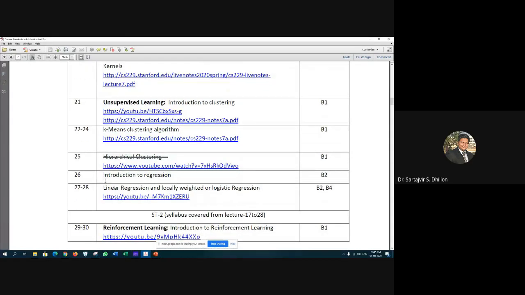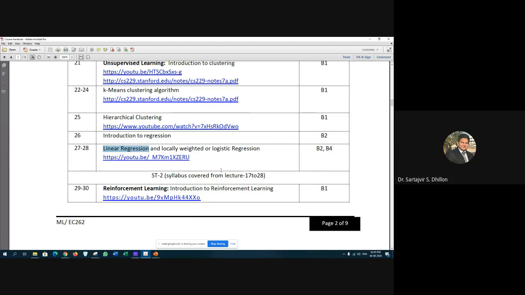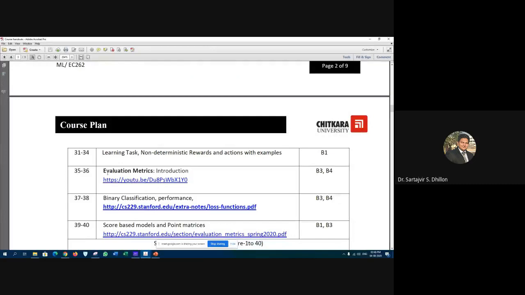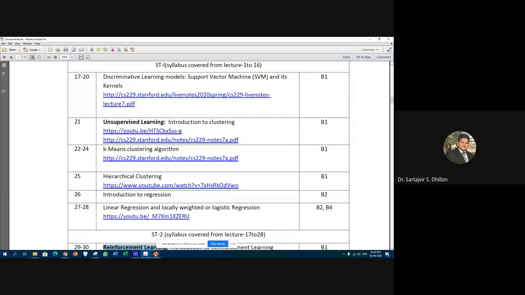This week we will cover regression, which is a part of supervised learning, and there are two categories in the syllabus: the first is linear regression, and the second is locally weighted regression or logistic regression. Next week we will do reinforcement learning and evaluation metrics.